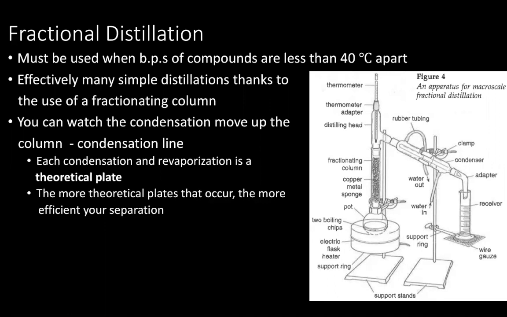So, of course, you could have many theoretical plates by putting in a taller column, or by putting in something like we see in this illustration, like steel wool, to provide lots of condensation locations. We'll be using an empty column for time purposes. The more theoretical plates that occur, the longer the distillation. But of course, the more pure compounds you tend to get out.